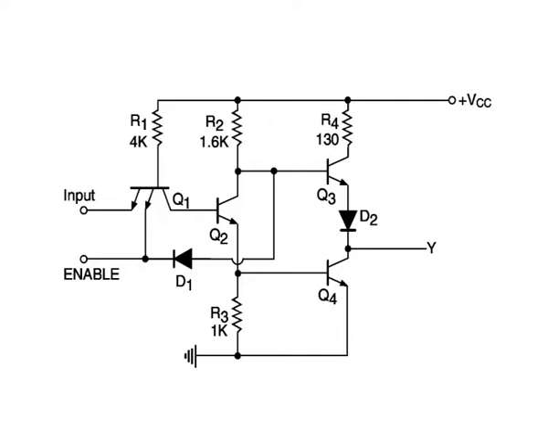A low enable input forces Q2 and Q4 to cut off. Also, a forward biased D1 forces Q3 to cut off. With both output transistors in cutoff, the output essentially is an open circuit and thus presents high output impedance.